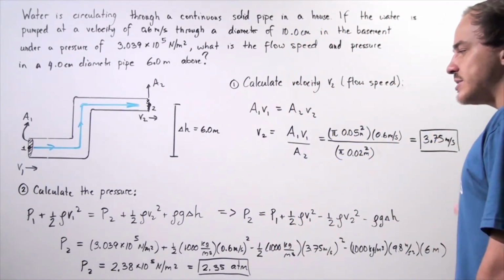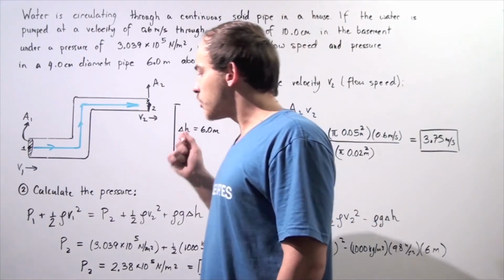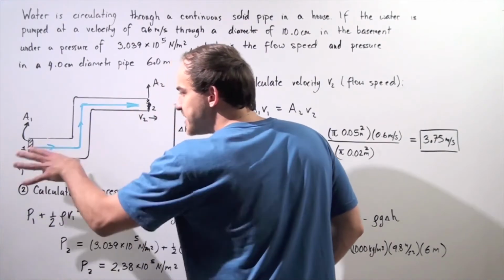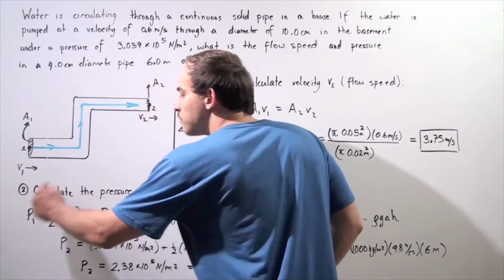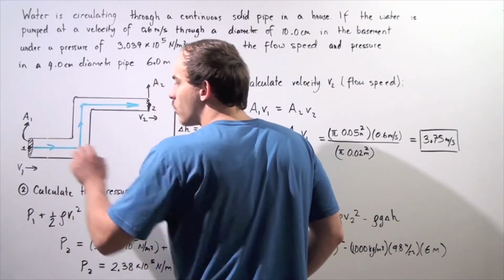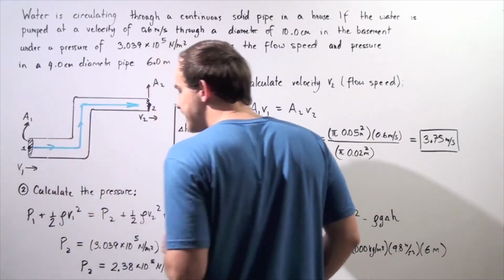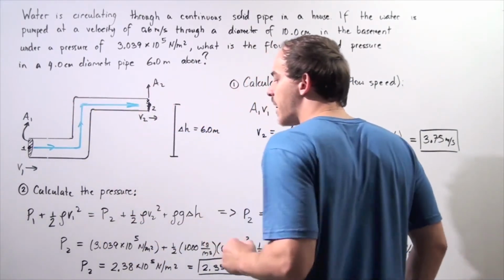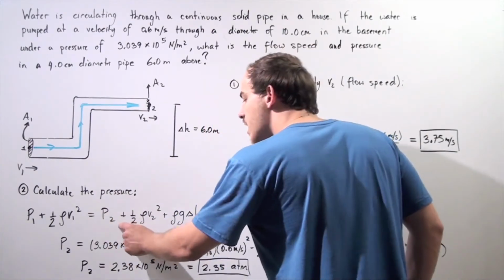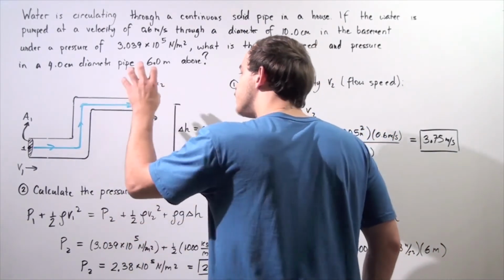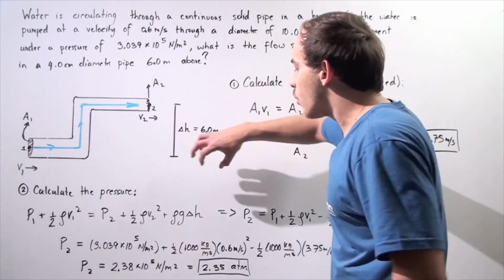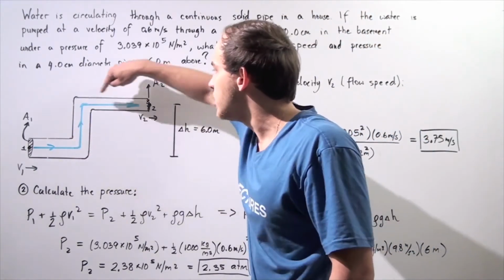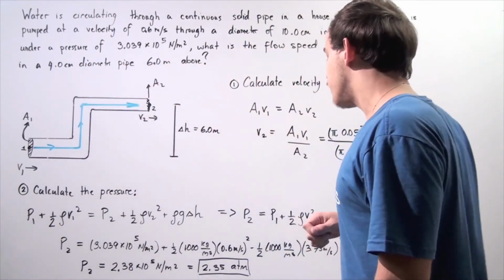So, here we need to use Bernoulli's equation. Bernoulli's equation basically states that the pressure at point 1 in the basement within the pipe plus our pressure due to the velocity of our fluid in that section of the pipe in the basement is equal to the pressure 6 meters above the ground in the pipe, this is what we're looking for, plus the pressure due to the velocity of the fluid in this section, plus our difference in pressure due to our change in height when we go from this level to this level 6 meters above the ground.